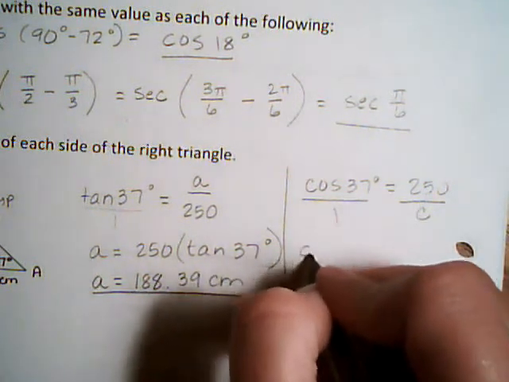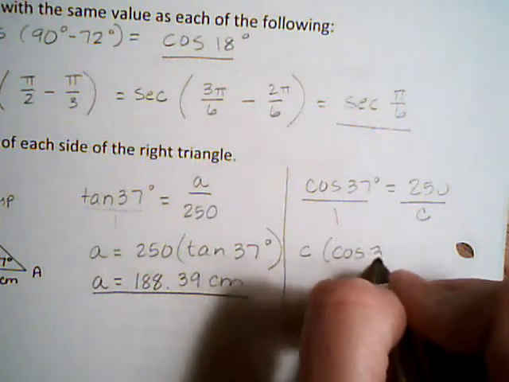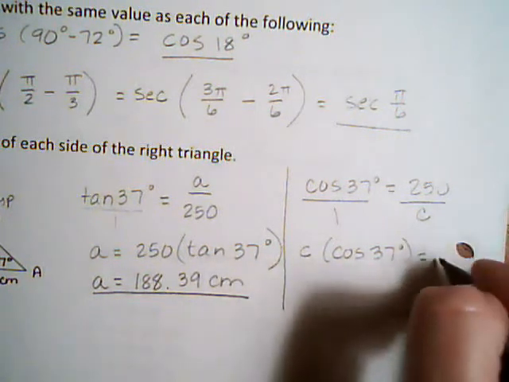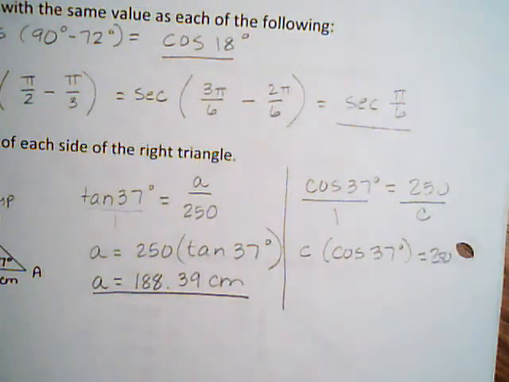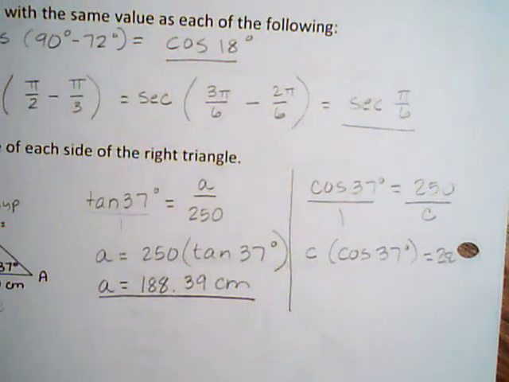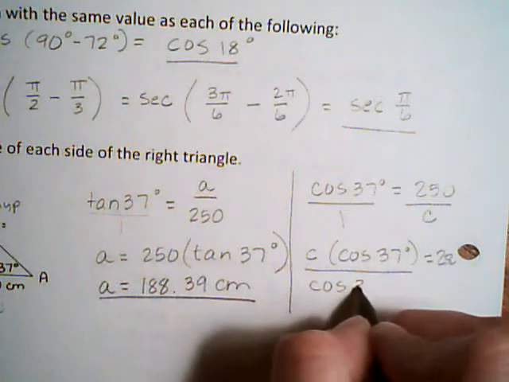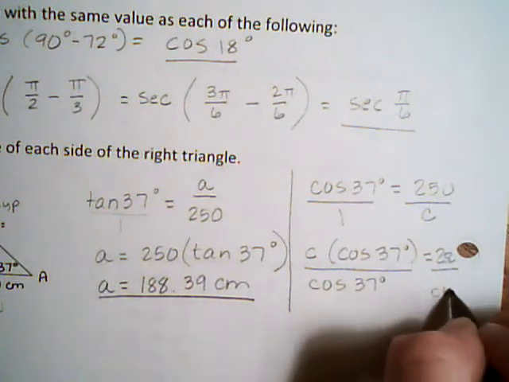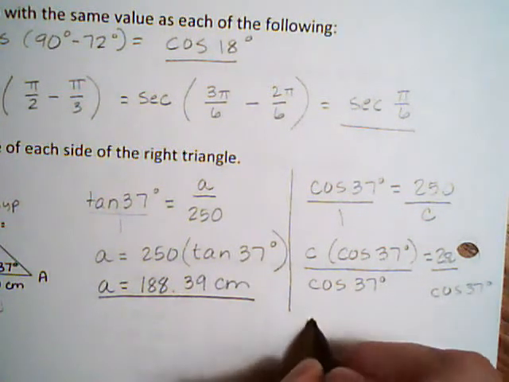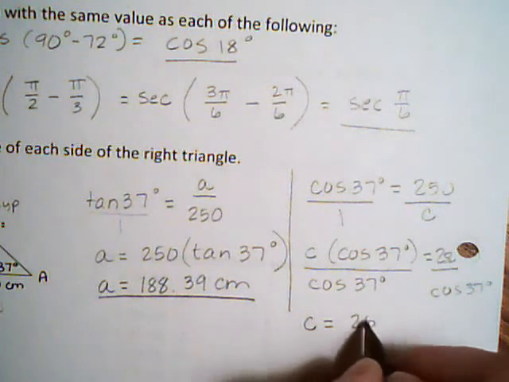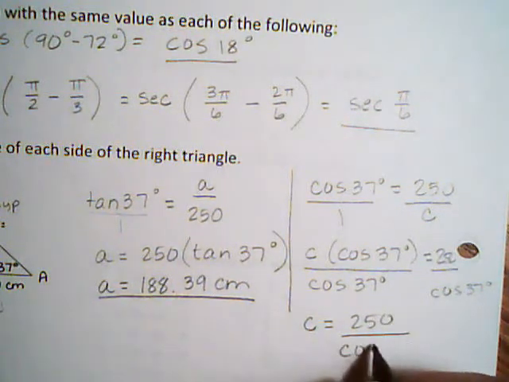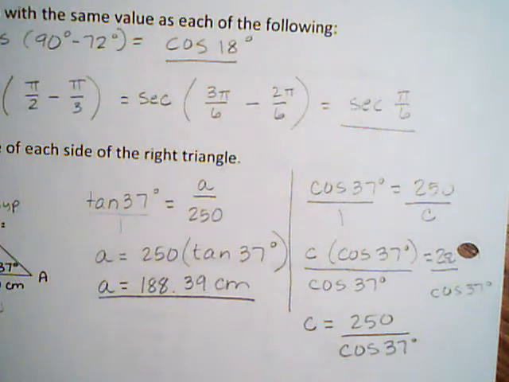C times the cosine of 37 degrees equals 250. Then how would I find C? I would have to divide by the cosine of 37. So I would have C equals 250 divided by the cosine of 37 degrees.